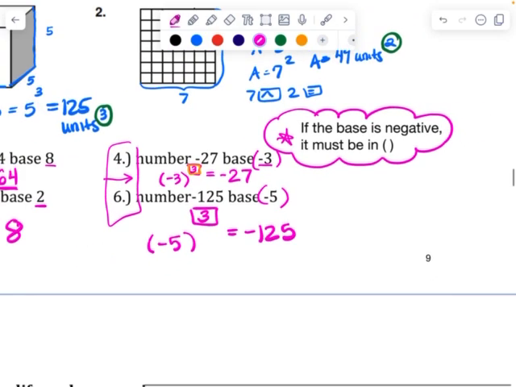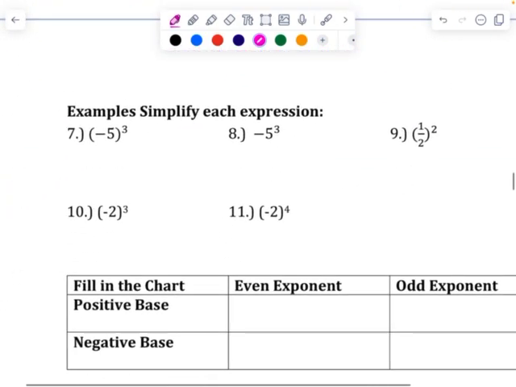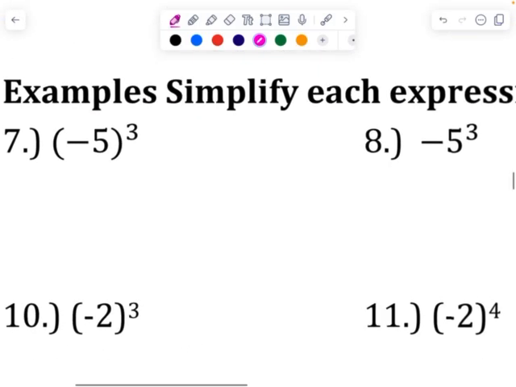Let's go ahead and flip the page or turn to the next page, and we're going to see where we may have some examples of why they are negative, okay, or not. I'd like you to look at numbers 7 and 8 together. Change this exponent to a 2 and in 7, in your calculators, plug these in exactly as they are written.